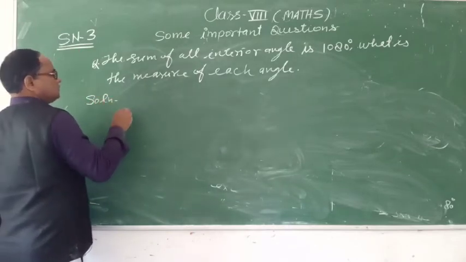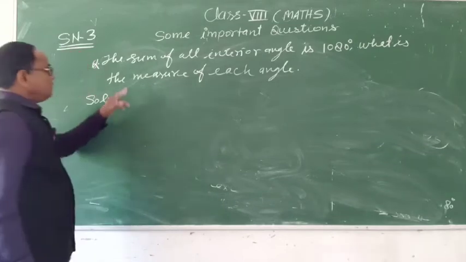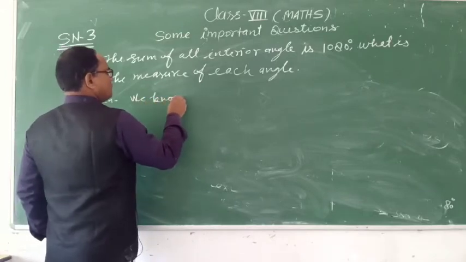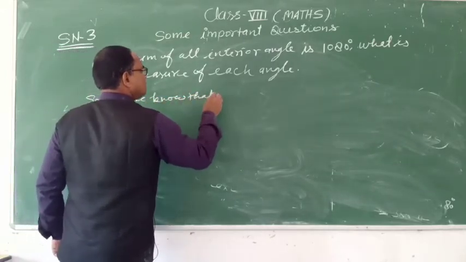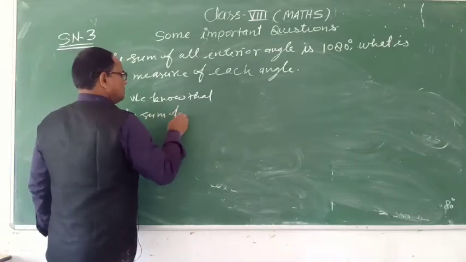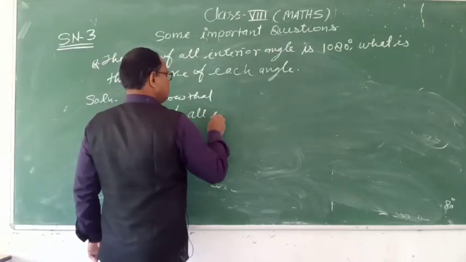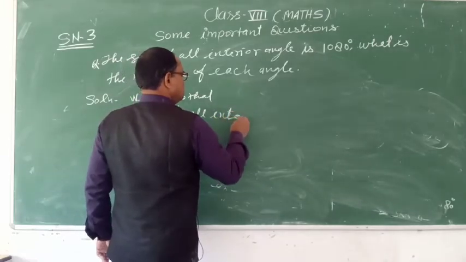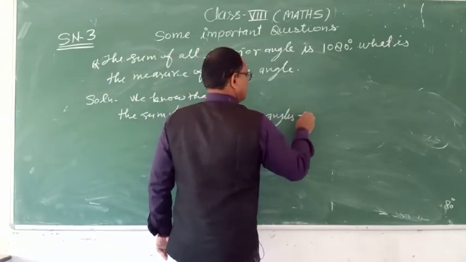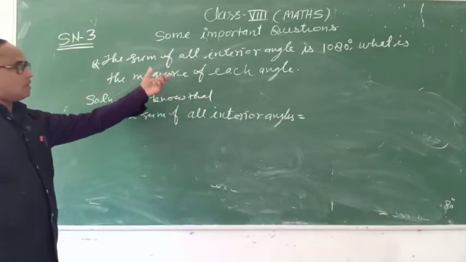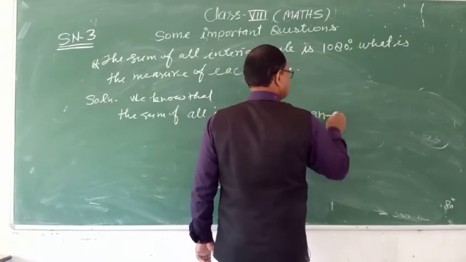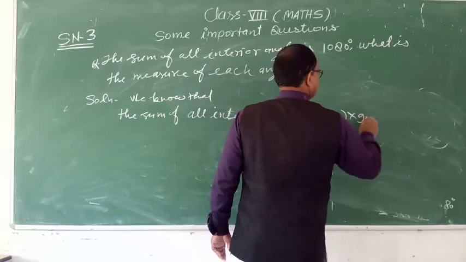Solution for this: the sum of all interior angles, we know that the sum of all interior angles is equal to (2n minus 4) into 90 degrees.